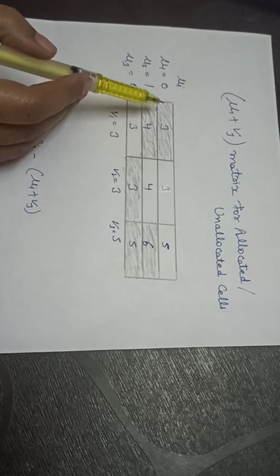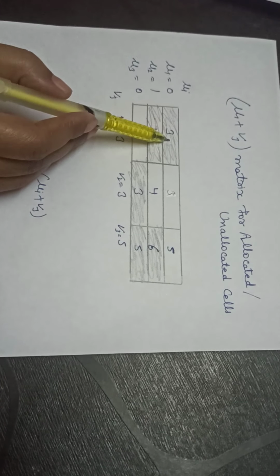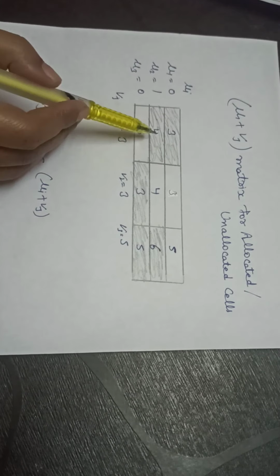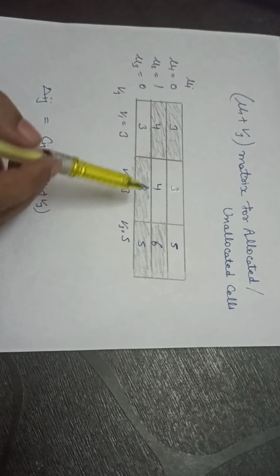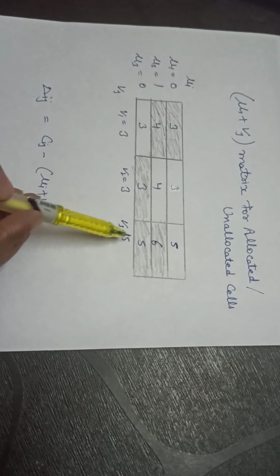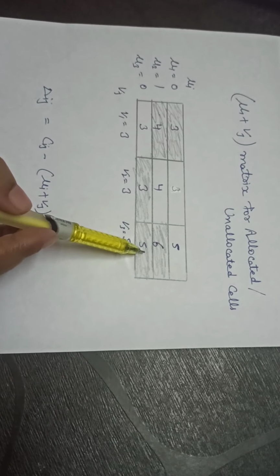We will write all values in allocated cells. 0 plus 3 is equal to 3, 1 plus 3 is equal to 4, 0 plus 3 is equal to 3, 1 plus 5 is equal to 6, 0 plus 5 is equal to 5.